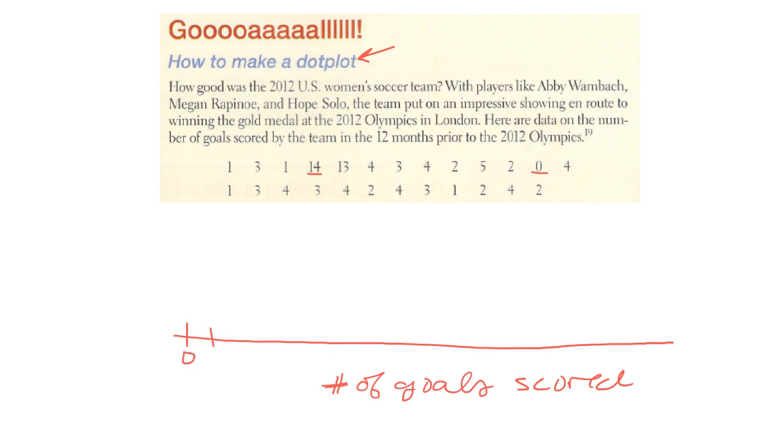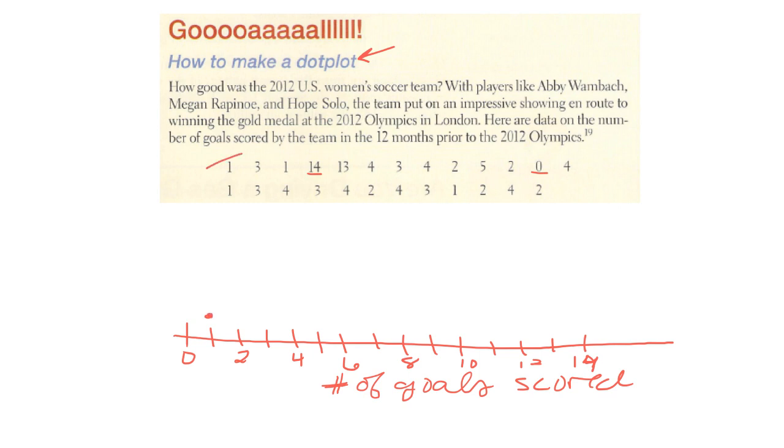So 0, 1, 2, 3, 4, 5, 6, 7, 8, 9, 10. And we want to make this consistent as we move through. So I'm going to go ahead and label my x-axis there with my units, with my consistent scale here. Okay, and then I'm going to mark one dot for each value at that location.